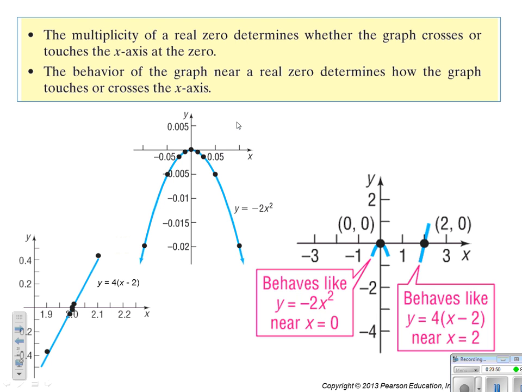The multiplicity of a real 0 determines whether the graph crosses or touches at the x-axis. The behavior of the graph near a real 0 determines how the graph touches or crosses the x-axis. So this behaves like negative 2x squared near x equals 0. This behaves like 4x minus 2 near x equals 2.